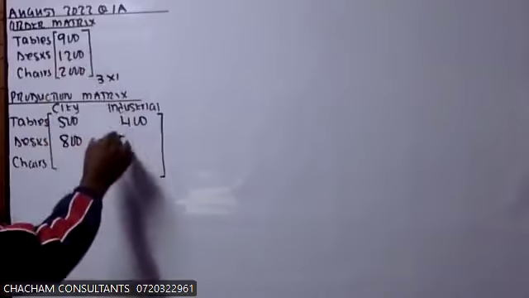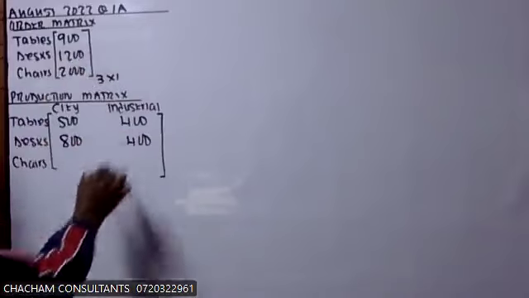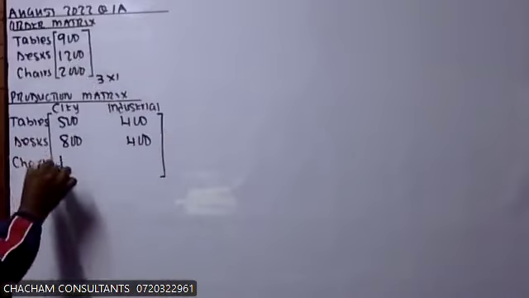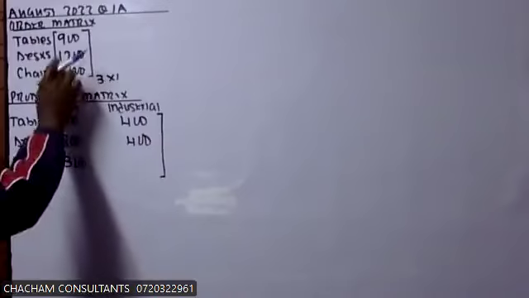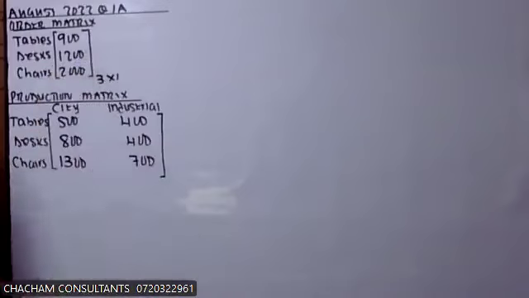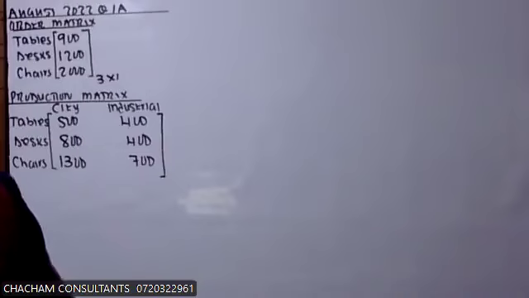From these 1,200, industrial will do 400. And then the chairs, city will do 1,300. So from these 2,000, industrial will do 700. The balance of the order could be filled from the industrial branch.